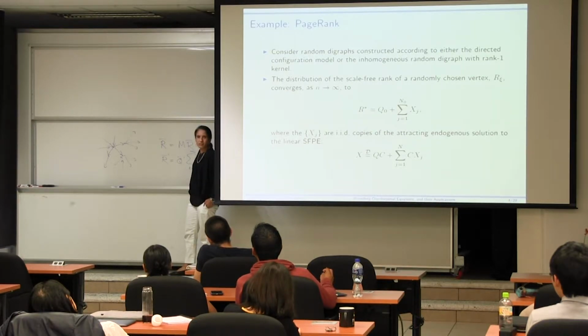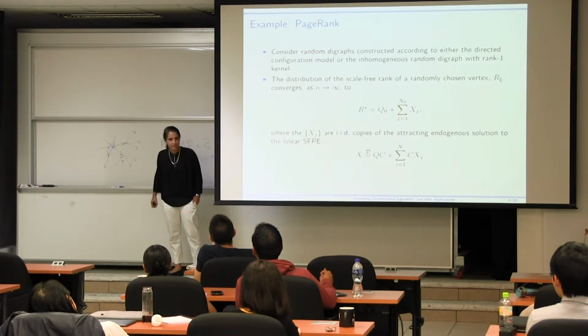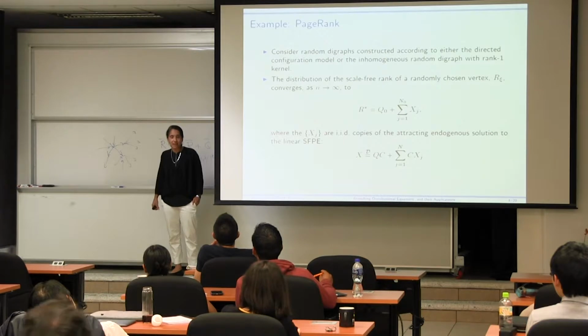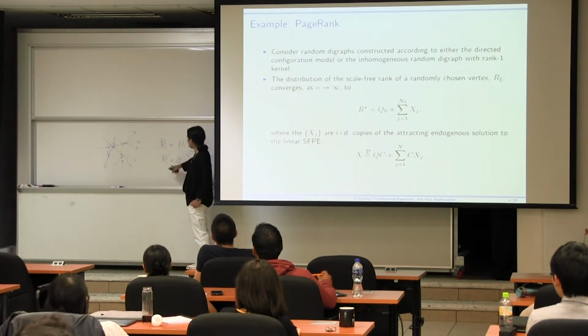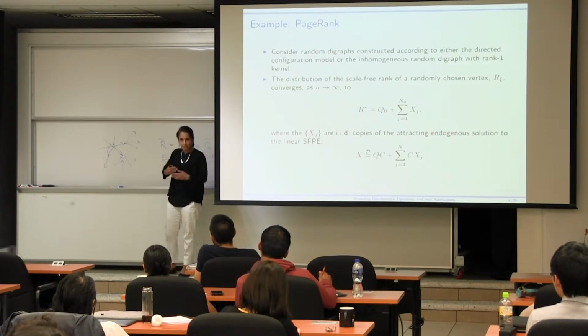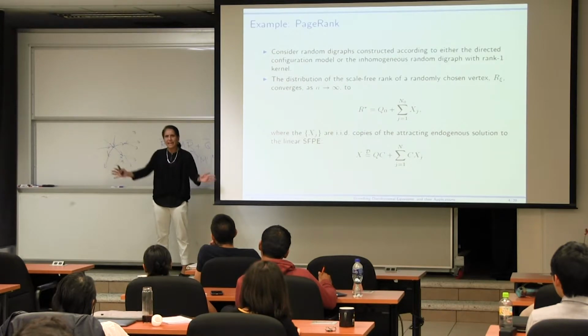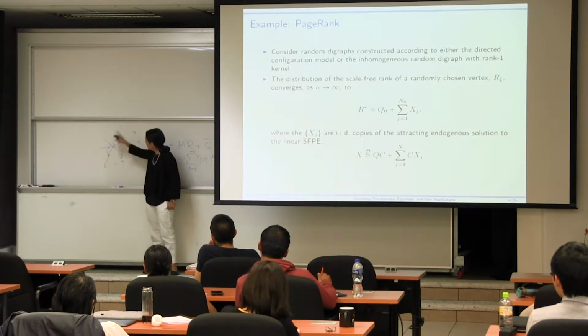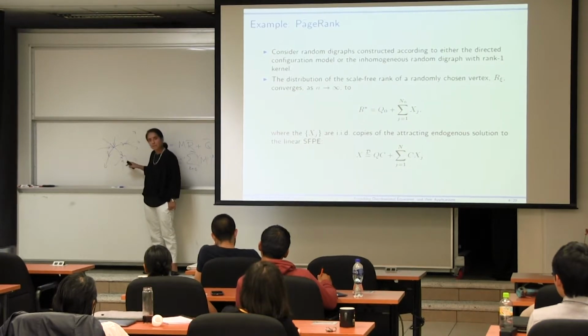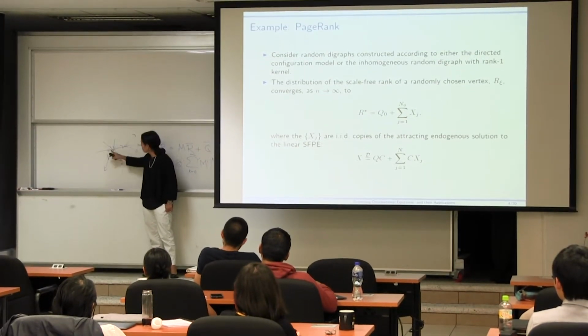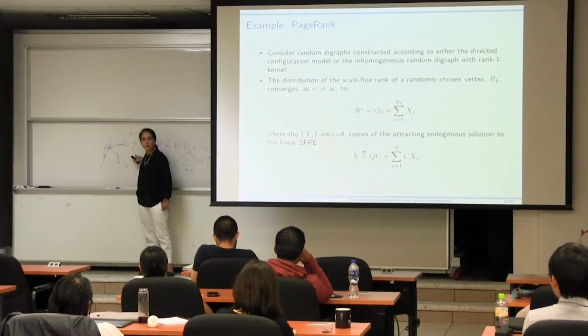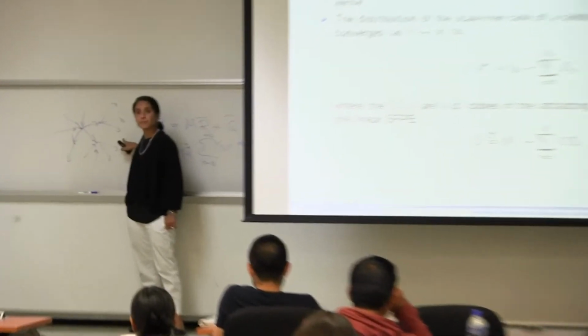And if they're converging to 0 geometrically fast, I may as well chop off the end, right? And if I chop off the end, that means that whatever it is that I'm looking at, R is determined only by looking at the first, let's say, k neighborhoods of my node. But my small k neighborhood in many graphs is going to look like what I drew here, like a tree.